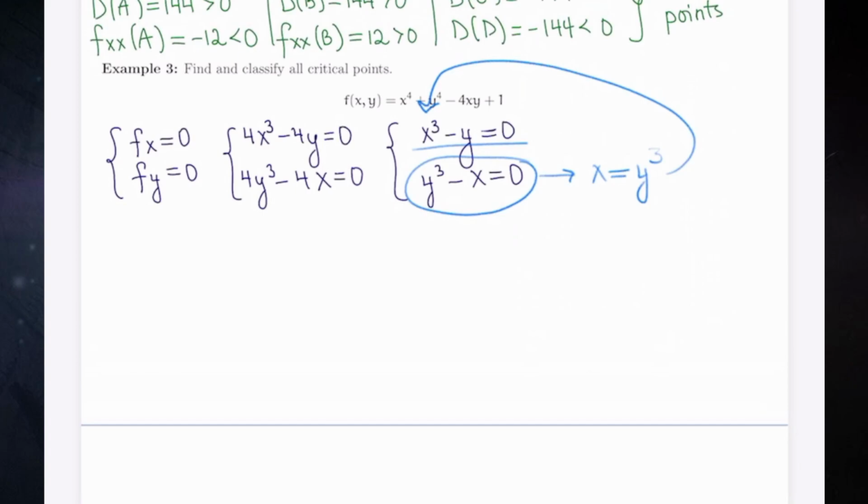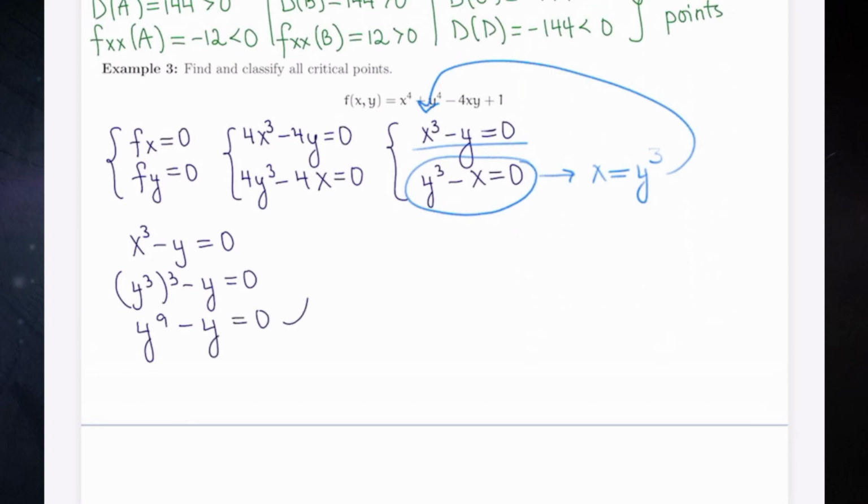All right. And you'll see why I'm going to do that. So x cubed minus y is equal to 0. If I substitute y cubed in here, now this is what my equation is going to look like. So this becomes y to the 9th minus y is equal to 0.